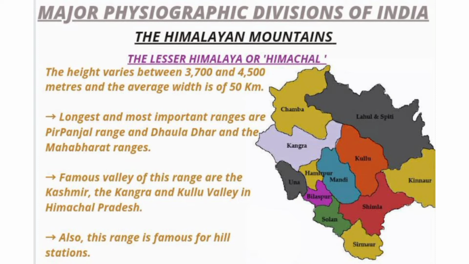Famous valleys of this range are the Kashmir, the Kangra, and the Kulu Valley in Himachal Pradesh. Also, this range is famous for hill stations.